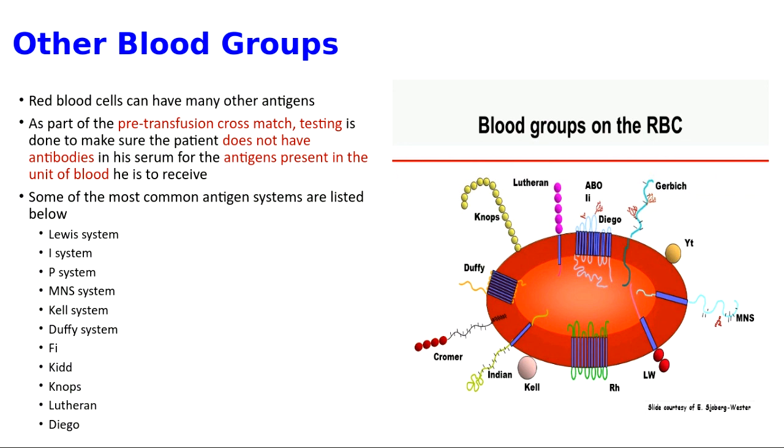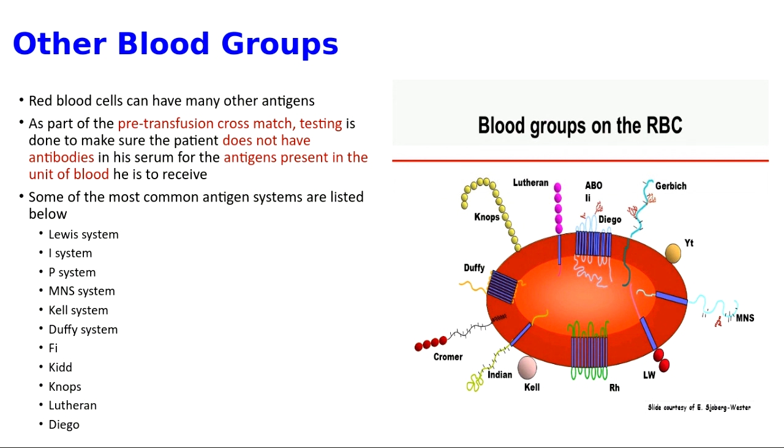Remember, we do not want the antigen and the antibody to come together because it can lead to a lot of problems. It can lead to a hemolytic crisis and complications with renal failure and complications with cardiovascular problems. So this is why we need compatibility testing.